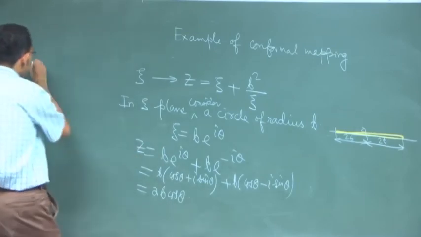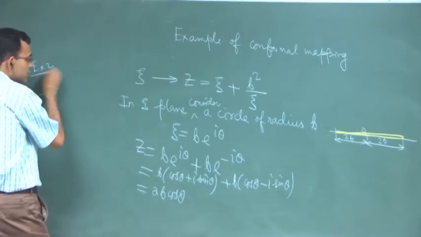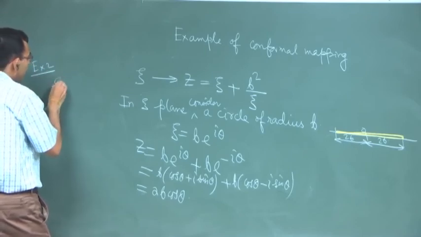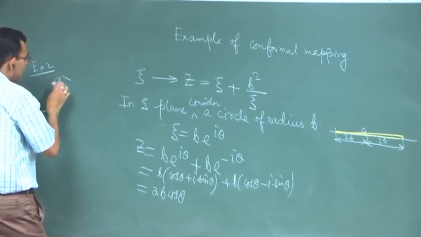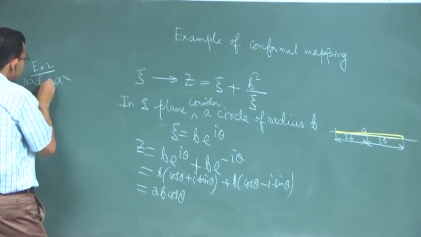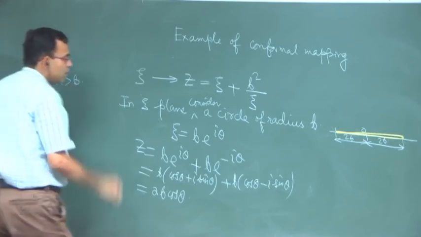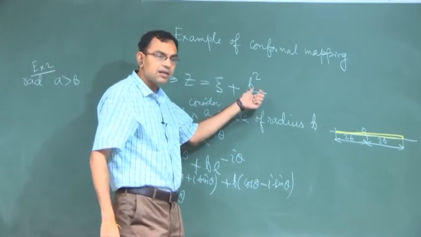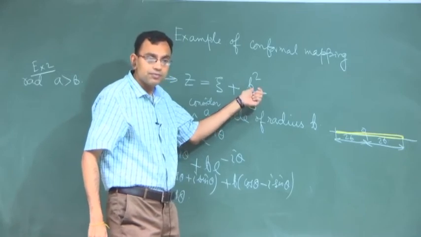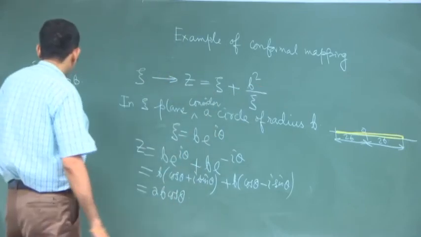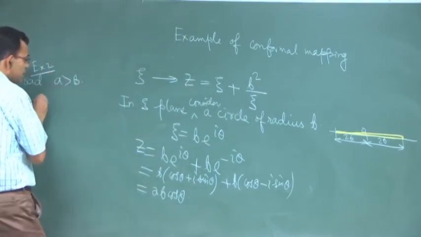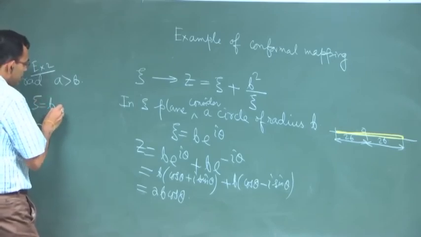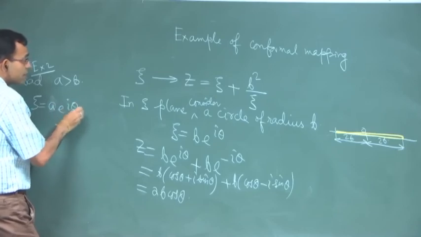Example 2: the radius of the circle, a, is greater than b. Here we have considered the radius equal to this special b, but if the radius a is greater than b, zeta is equal to a e to the power i theta.